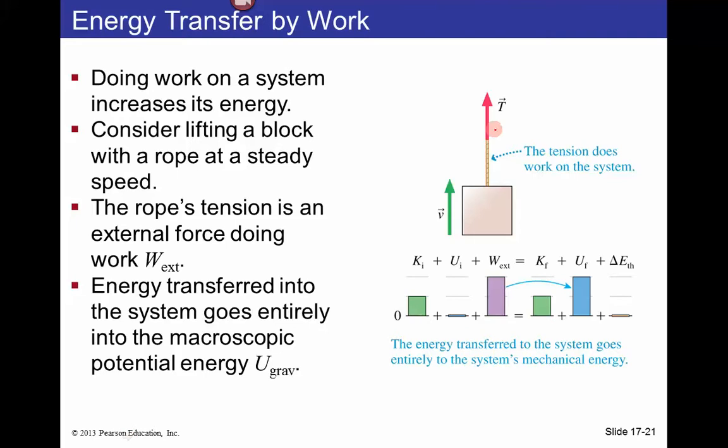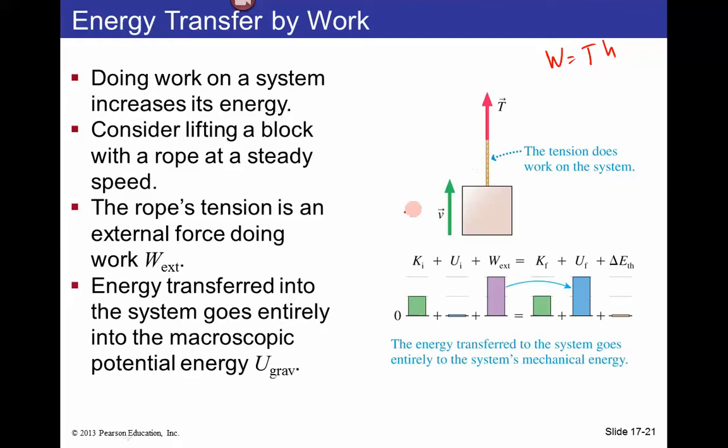So how do we change the energy of a system? We need to transfer energy into the system, and we can do that in two ways. We can do work. So imagine that we have this box, and there is a tension pulling up, and this box is moving at a constant speed. This tension is doing work because the box is moving. Remember, work is the tension times the displacement h.